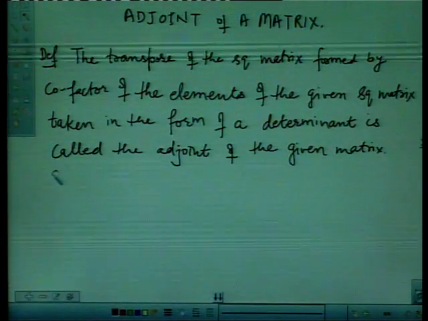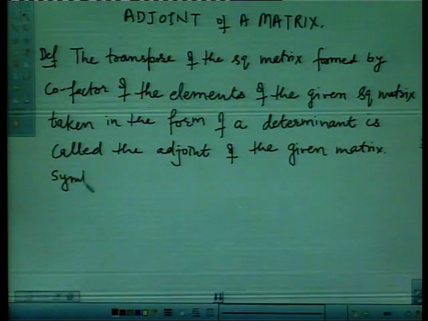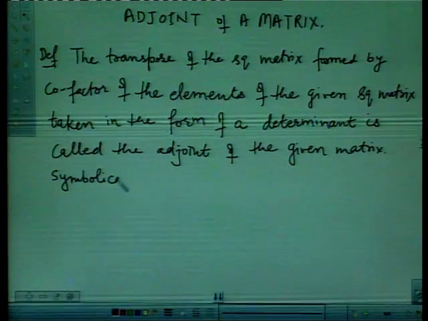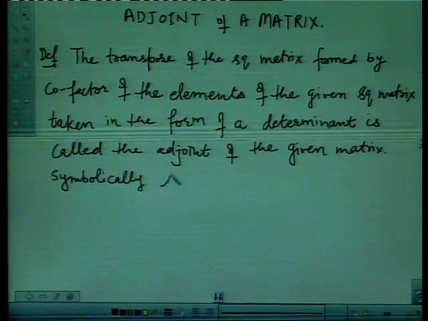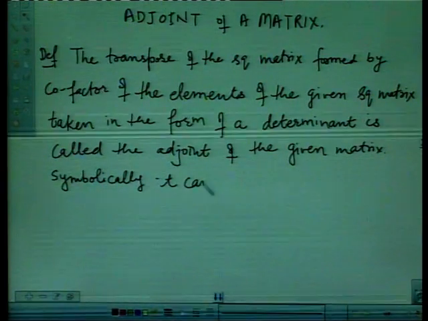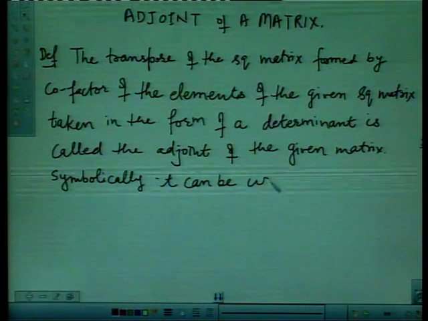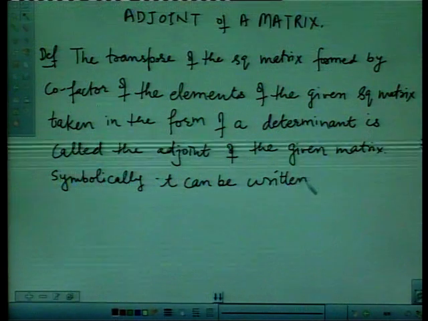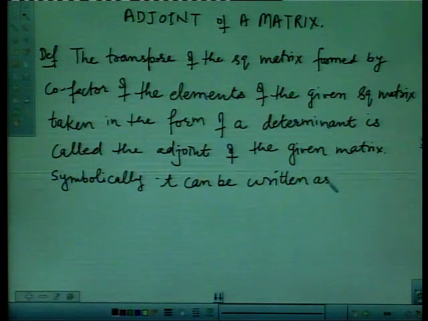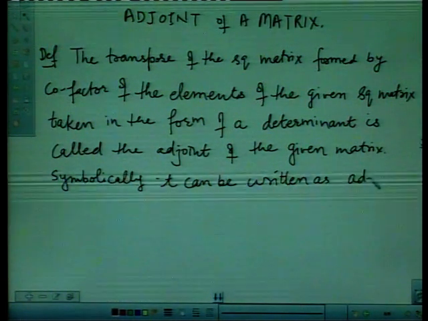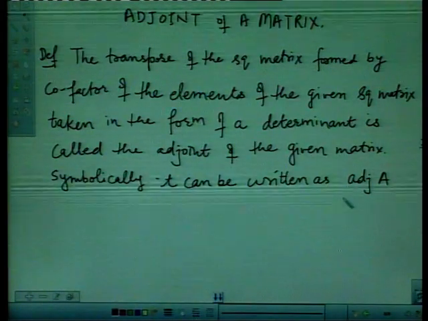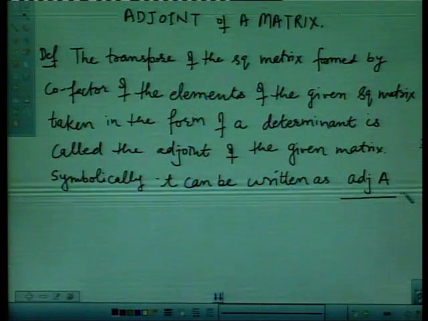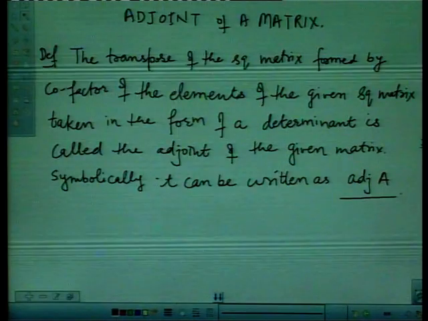Symbolically, it can be written as adjoint A of the given matrix A.